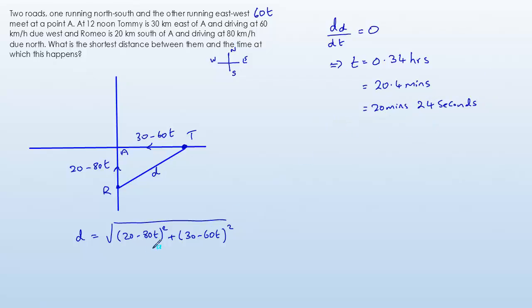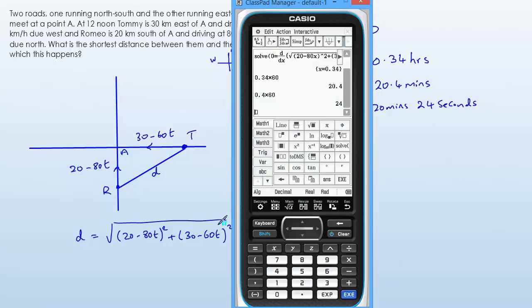So we want this minimum distance now, so we just need to actually calculate that, where t is 0.34. So we've got the square root of (20 minus 80 times 0.34), don't forget to square that, and then we have (30 minus 60 times 0.34), and let's not forget to square that either.